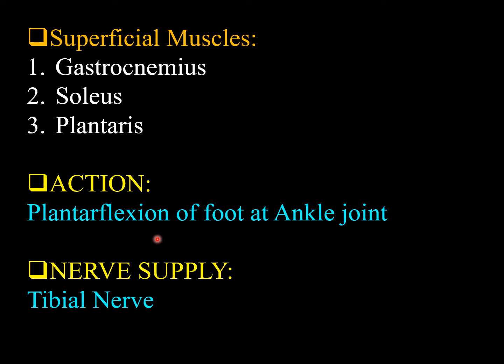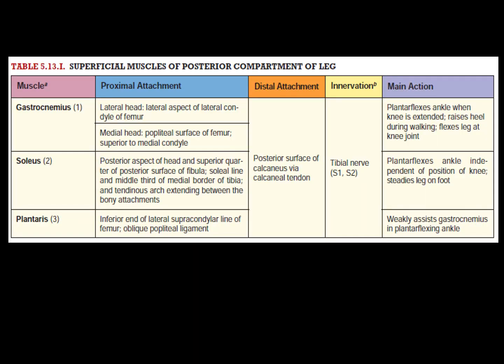So they act on the ankle joint and do the function of plantar flexion. That is the combined action of all these three muscles. And the nerve of this group is the tibial nerve, which is a branch of the sciatic nerve. So before we move to the picture, we have three muscles: gastrocnemius, soleus and plantaris.